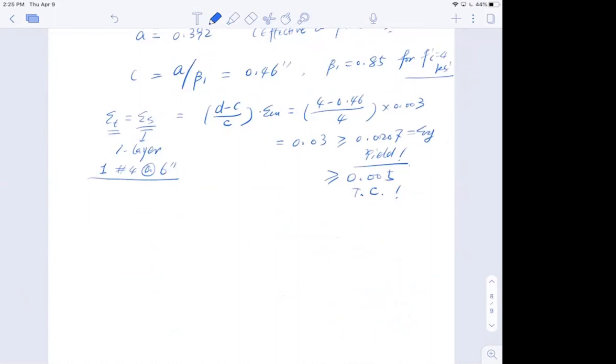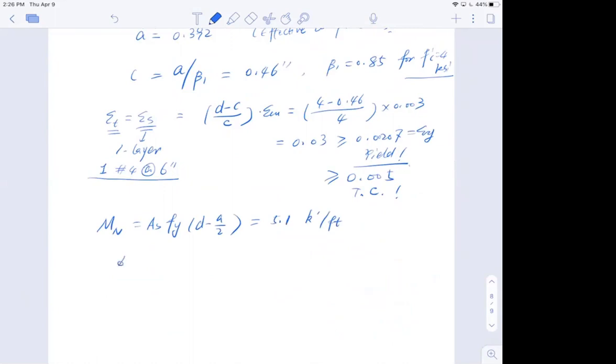It's tension controlled. I'm going to go back and calculate my nominal moment resistance. So Mn now equals As Fy (d minus half a). Calculating that to save time, which is 5.1 kip-foot per foot.